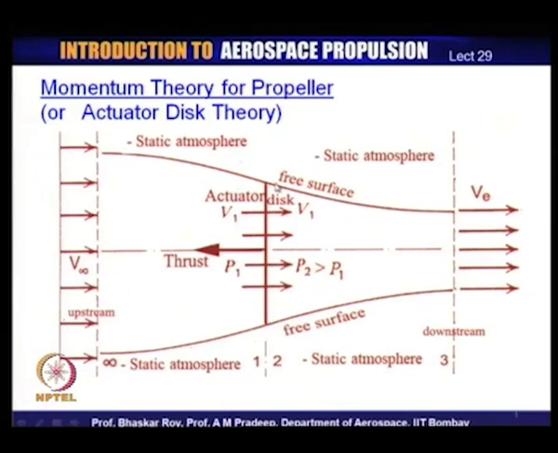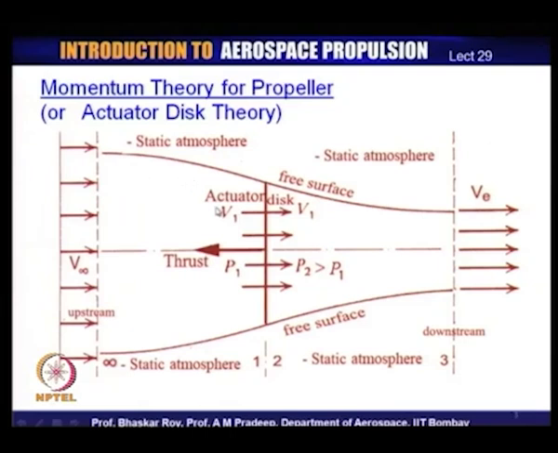And then of course, it gets thrown backwards by the propeller, and it goes out finally a large distance downstream with a velocity v e. So, the shape of the free surface is what is generally known to happen: the air gets drawn into the actuator disc, the area decreases, it continues to decrease a little, and then again it becomes more or less uniform as it goes a large distance downstream of the actuator disc.